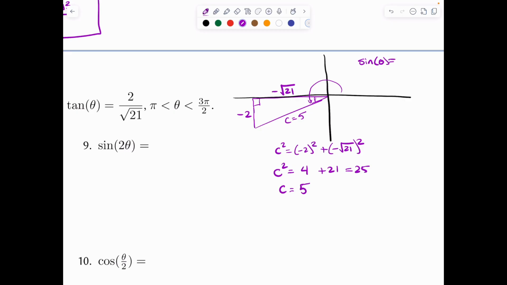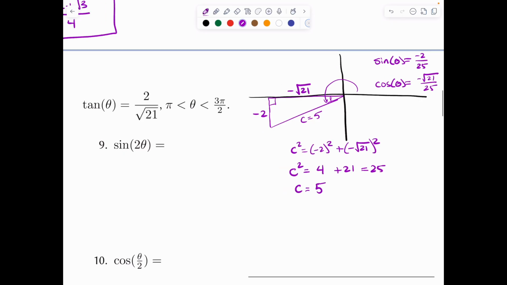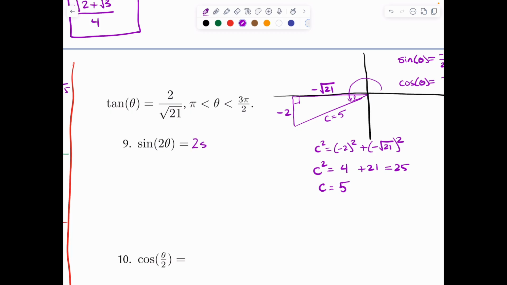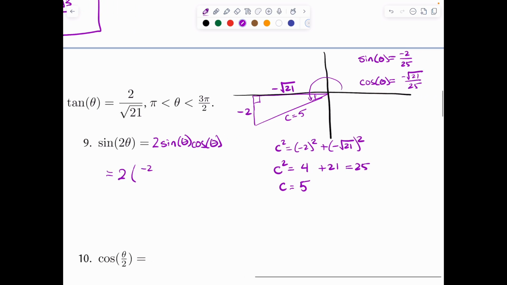The sine is opposite over hypotenuse, and the cosine of this angle is adjacent over hypotenuse. And let's put that together here. This will be 2 sine of theta, cosine of theta. And so in this case, we have 2 times negative 2 over 25 times negative radical 21 over 25.